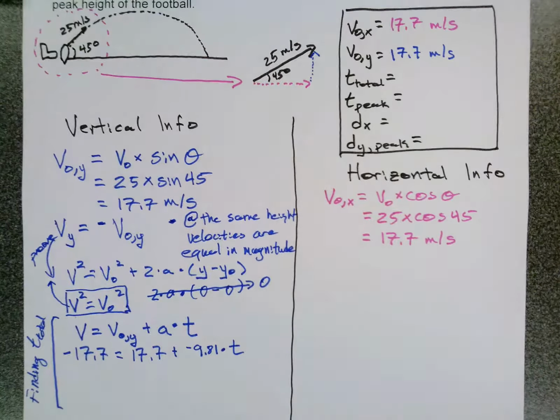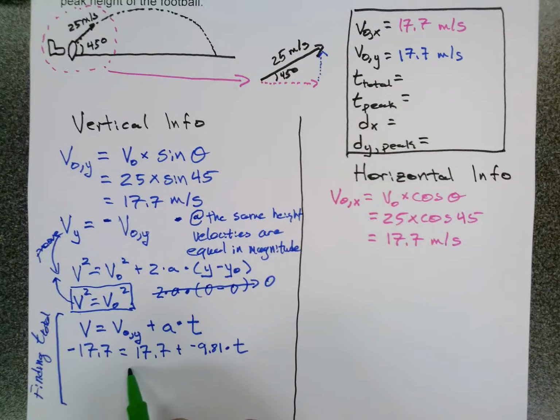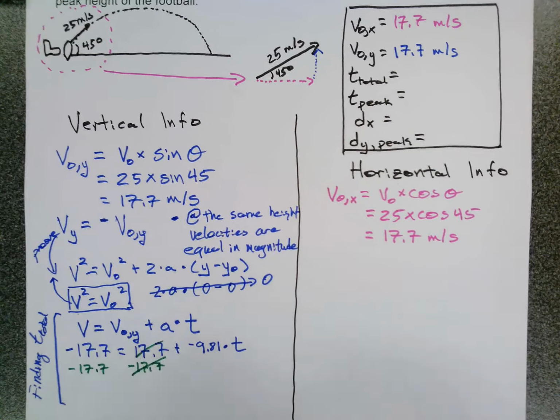In order to solve for t, we isolate it, so we take 17.7 to the left side. These 17.7's cancel out, and you're given negative 35.4, and that should equal negative 9.81 times t.